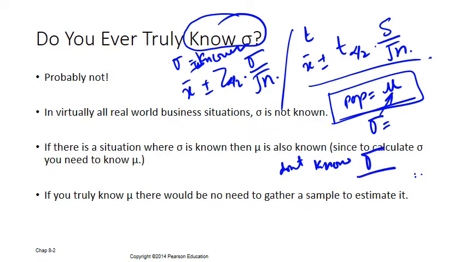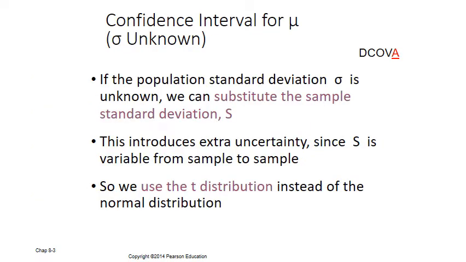So when sigma is unknown, we apply the t-test and we use s as the standard deviation, which comes from the sample. We draw a sample, we calculate its sample mean, and we calculate its sample standard deviation, and we use it in the formula. That is why our formula becomes x bar plus minus t alpha by 2 with degrees of freedom n minus 1, times s over square root of n. Here we use s; before, we were using the population standard deviation.